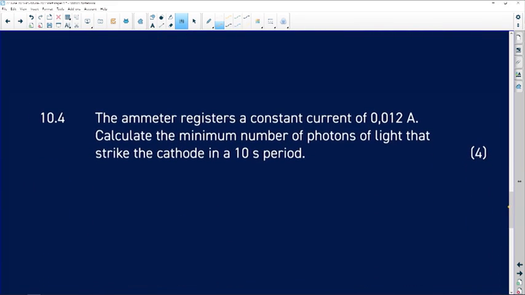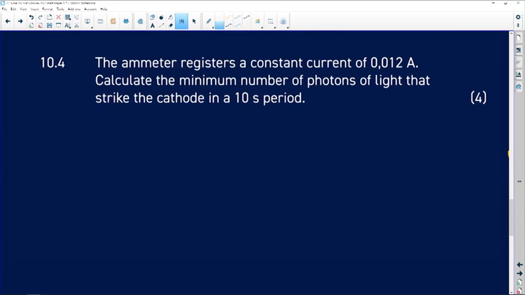10.4, we are given here that the ammeter registers a constant current of 0,012 amperes. Calculate the minimum number of photons of light that strike the cathode in 10 seconds. So we are given the current and the time, so we can look for the charge.